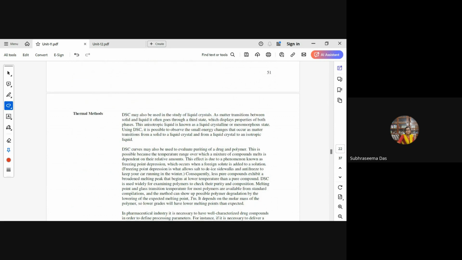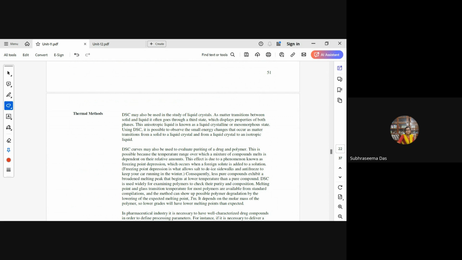Now DSC has also been used in the study of liquid crystals. As matter transitions between solid and liquid, it goes through a third state, where it displays the properties of both solid and liquid phases. This phase is known as the liquid crystalline or mesomorphous state.